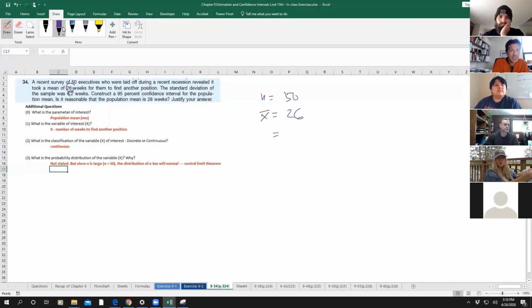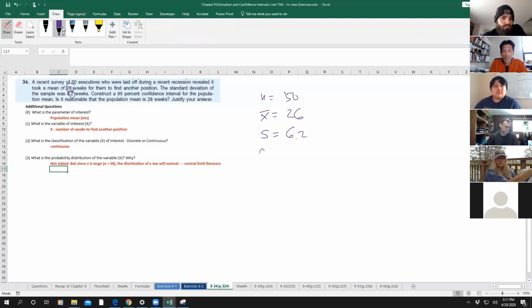And how about 6.2? Sigma. Read the sentence again. Oh, of the sample. I see. So sometimes be careful when you read the statement so that you know whether a standard deviation is a sample standard deviation or sigma.